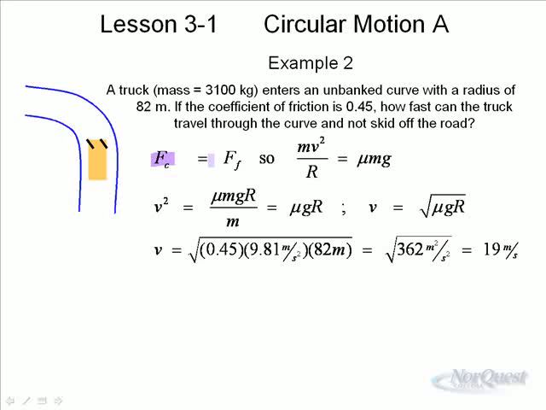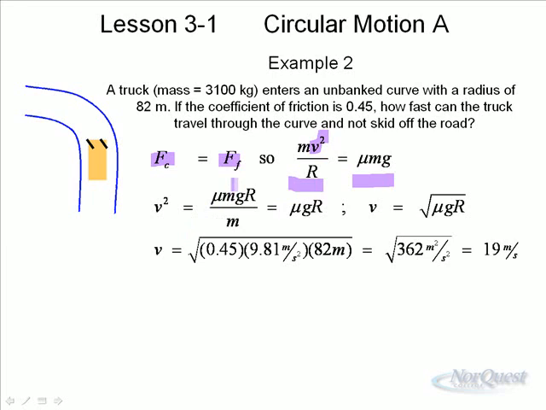So the centripetal force is caused by friction. And so, since centripetal force is mv squared over r, and frictional force is mu mg, we can put them together. And manipulating the formula by getting rid of everything except for v squared, that means you divide by m, and you multiply by r.